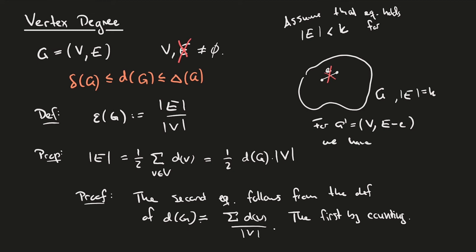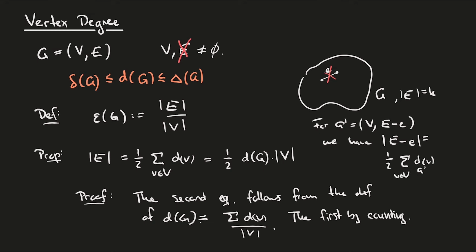And we have that the number of edges of this graph G prime is equal to 1/2 over the sum of all the degrees, and this is the degrees in G prime. Now the quantity we're interested in is the number of edges in G, which is equal to this quantity we know plus 1, since we have one additional edge in G as compared to G prime.